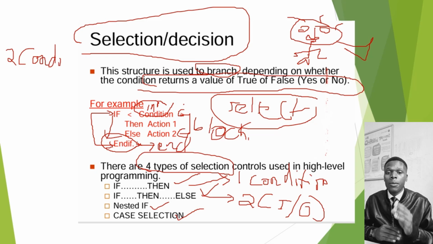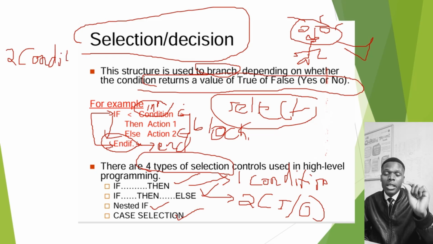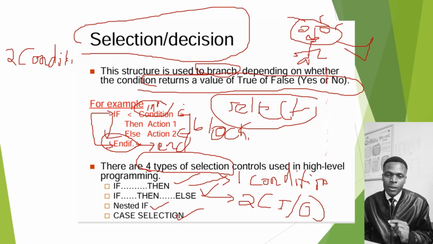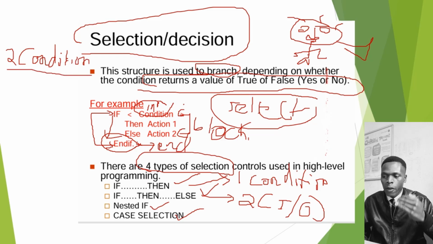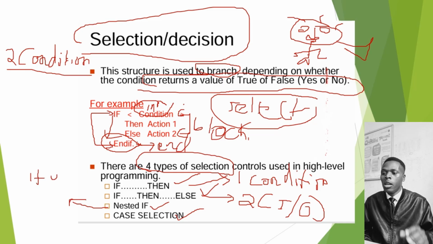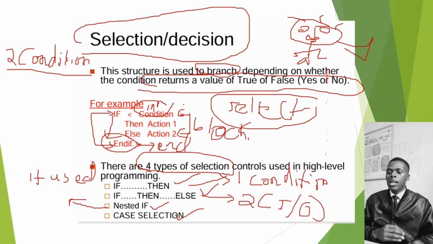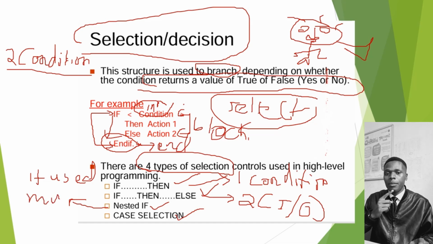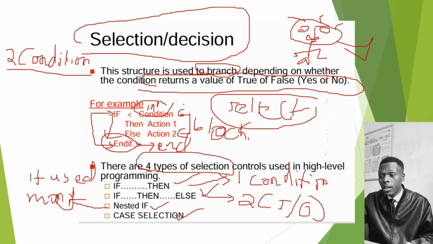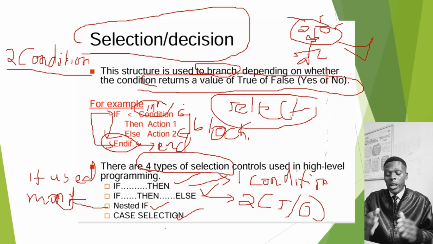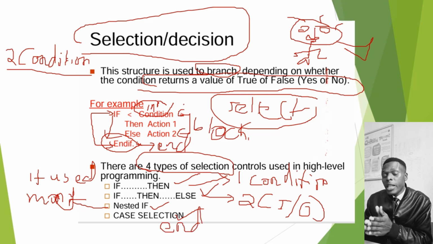Nested if is when we use if multiple times. So when we have a repetition of if statements, if we are using if within that condition. And there is a case selection. And remember we have said if we are using a case selection, when we are finishing, we will use end case.